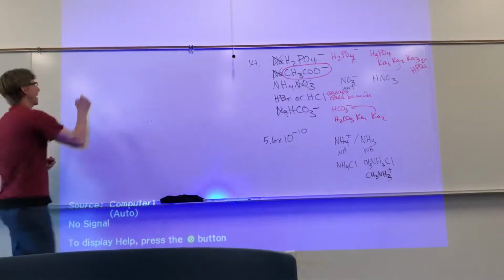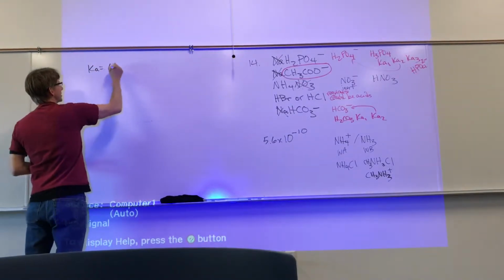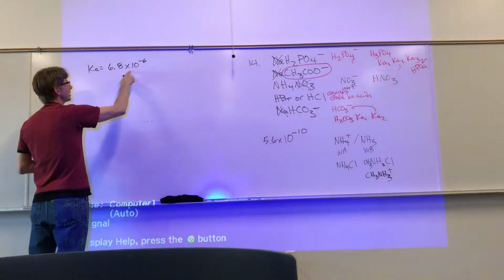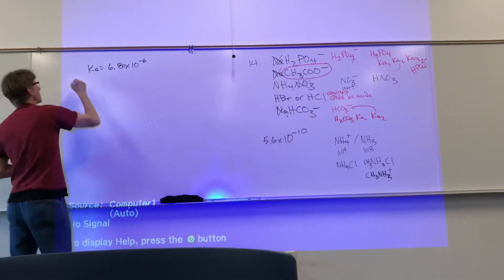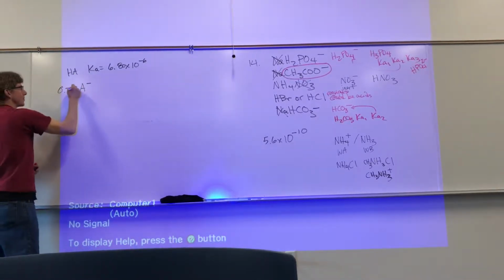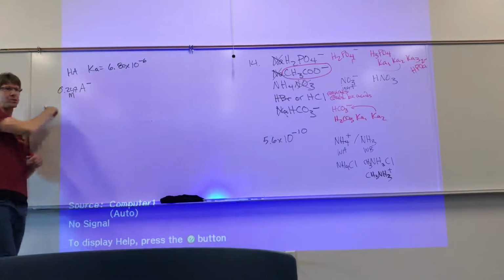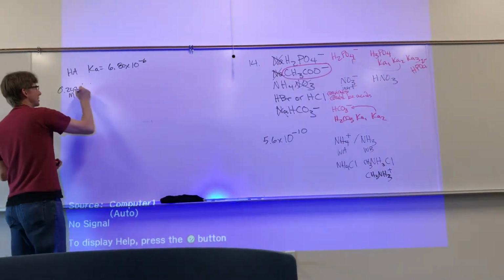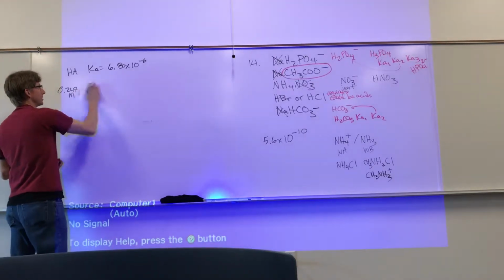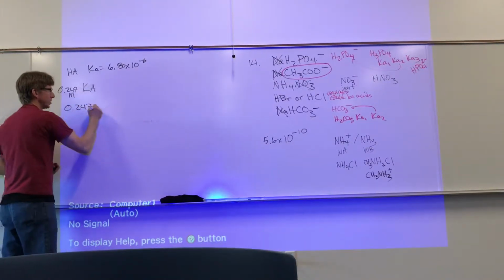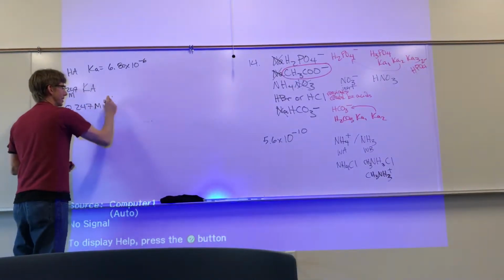A certain acid has a Ka value of 6.80 times 10 to the negative something, and that's for HA. And then it says you have 0.247 molar K A minus.